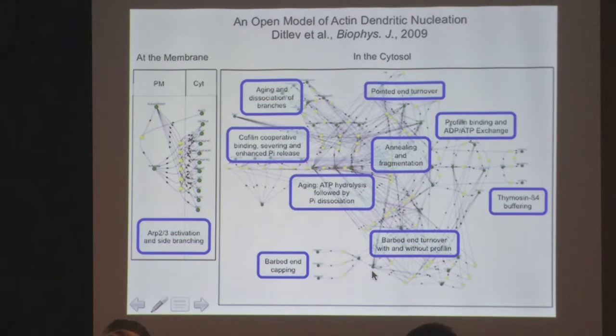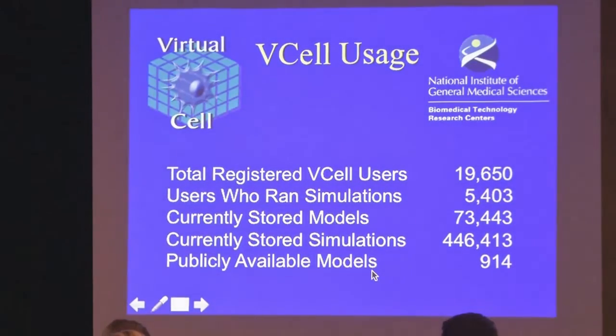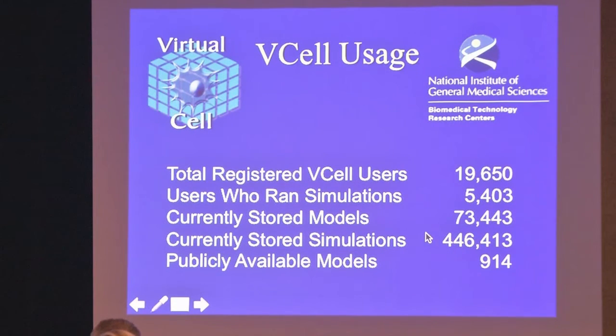That, I think, is one of the take-home messages: there are lots of people contributing to Virtual Cell, and hopefully, as I said, I'll inspire a few of you today. We have, as I mentioned before, 5,400 users who've built models and run simulations. We currently have 73,000 stored models in our database.